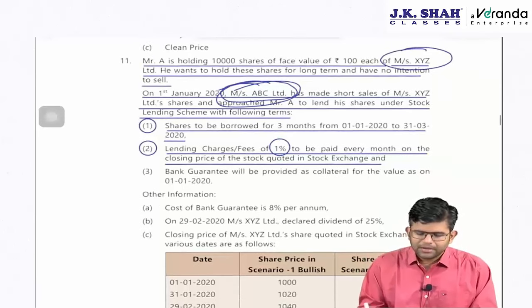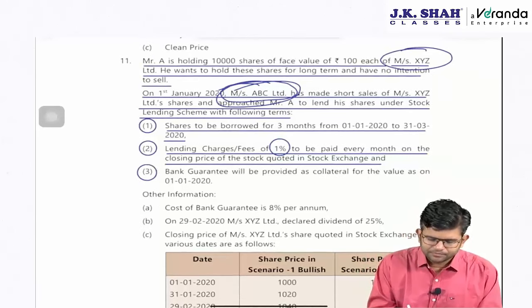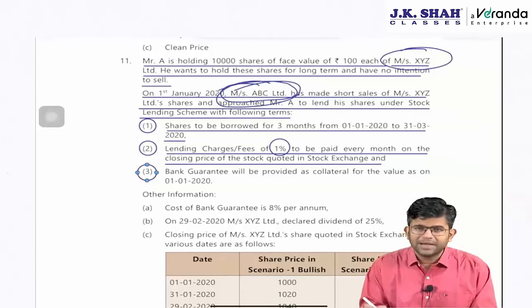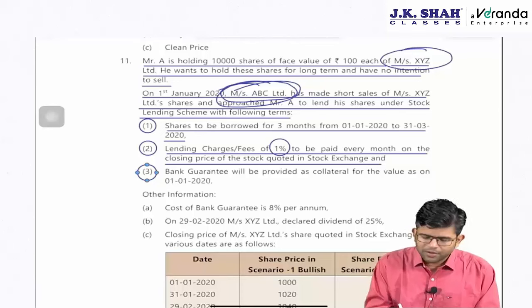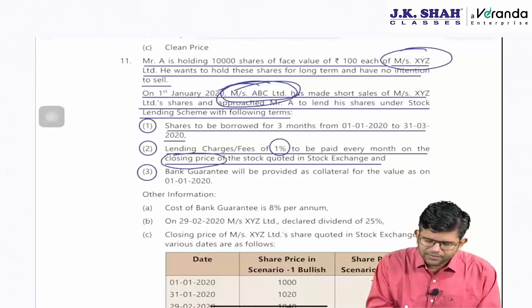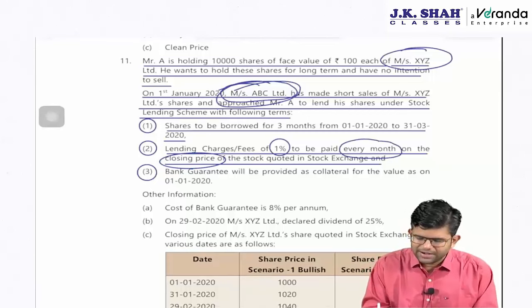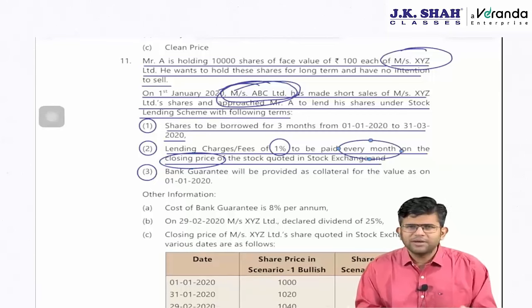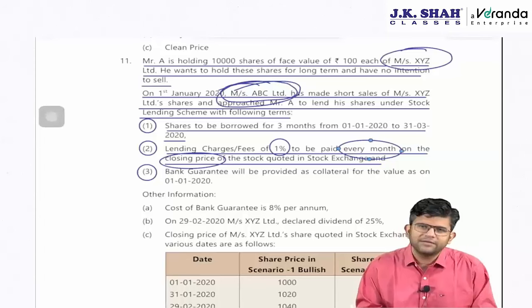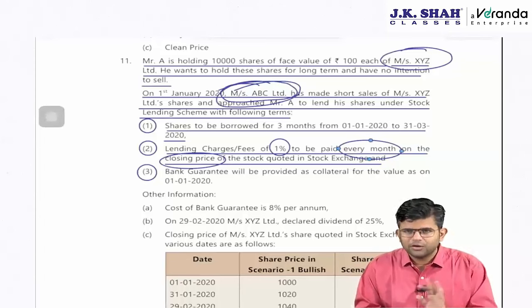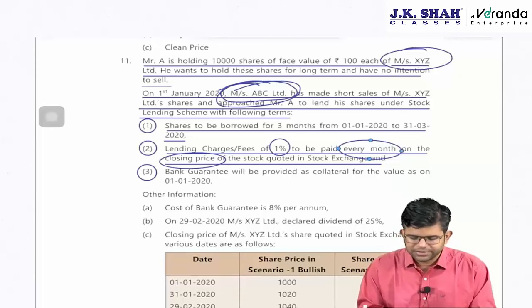And by the way, in point 2 they are saying the 1% will be calculated on the closing price of the share quoted in the stock exchange at the end of every month. So every month whatever closing price of the share will be there, on that 1% will be charged by Mr. A to ABC Limited on 10,000 shares.